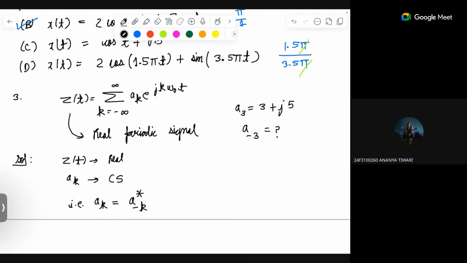So, ma'am, it would be 3 minus j5. Yes, that's correct. Others also try to solve. You all remember conjugate symmetry? If you don't remember, I have written it here.